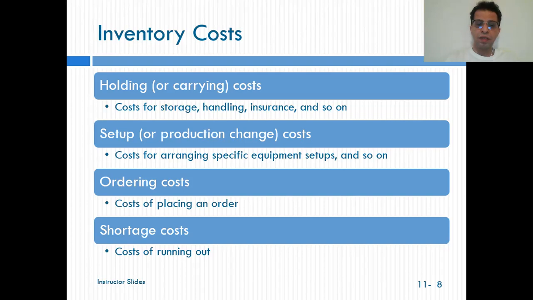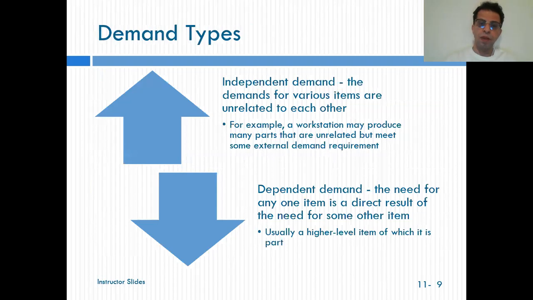Then you have the setup or production change cost, the cost for arranging specific equipment setup, and so on. Then you have the ordering cost, which is the cost of placing an order. And you have the shortage cost, which is the cost of running out of stock in the warehouse.